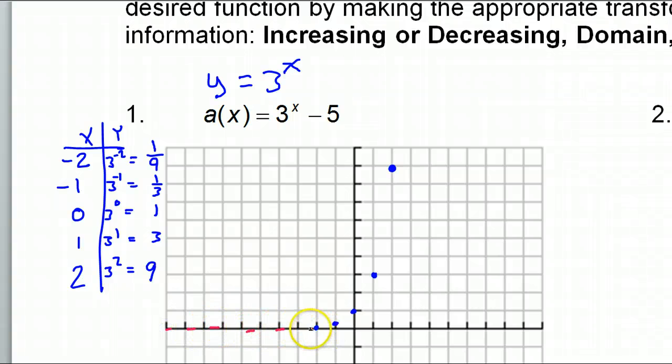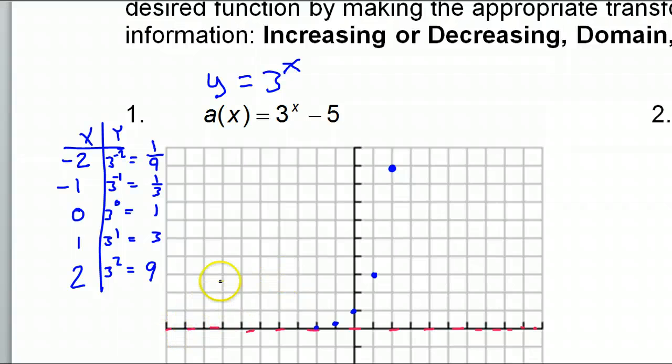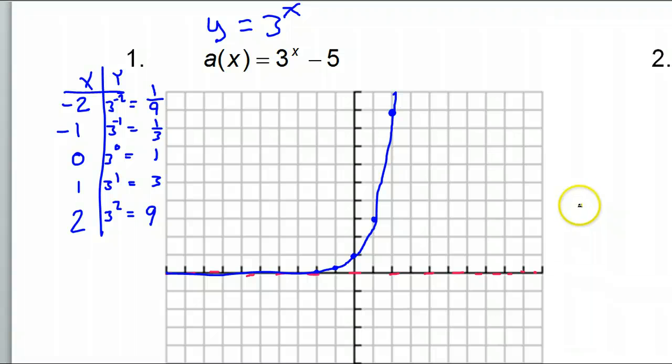So don't forget to show the asymptote as a dotted line. Okay, and so if I just go ahead and draw the curve, it would be like this. Okay, so there's the parent function.